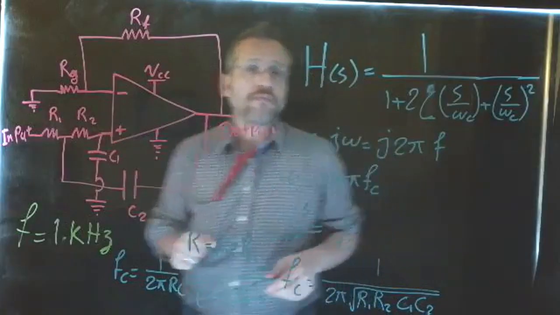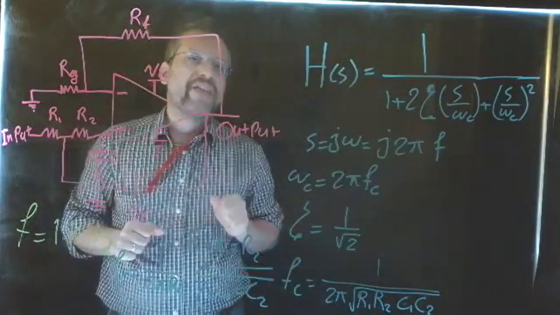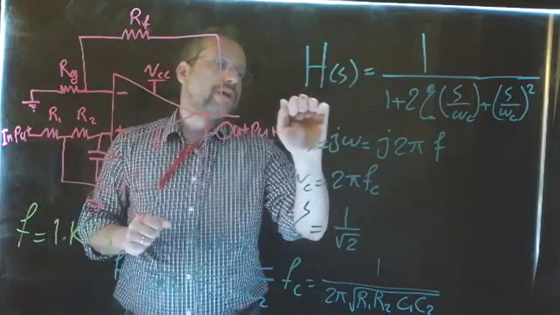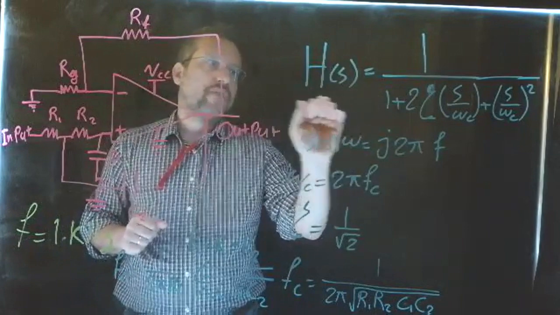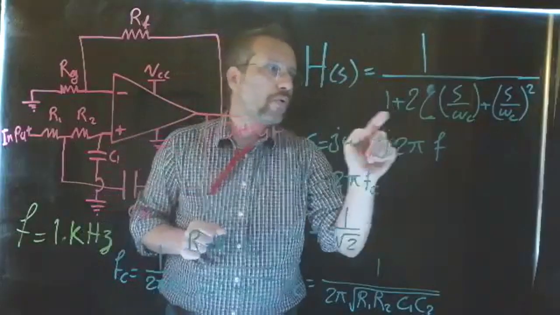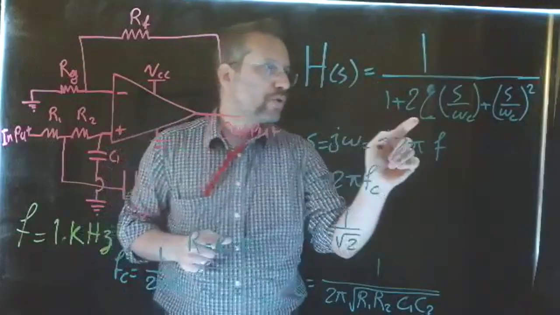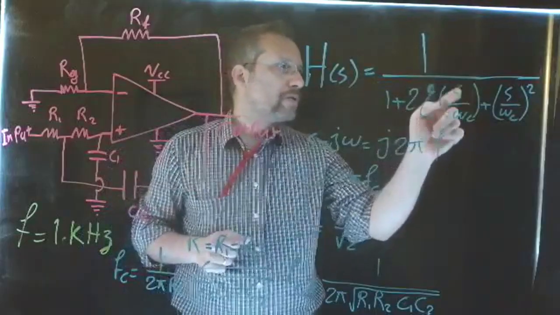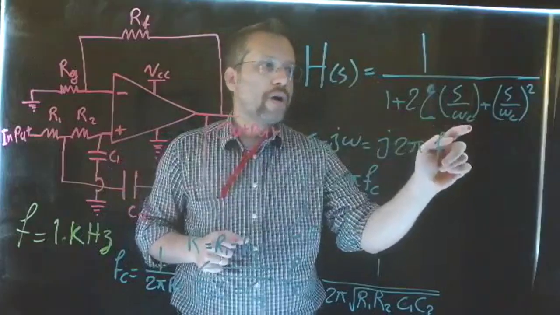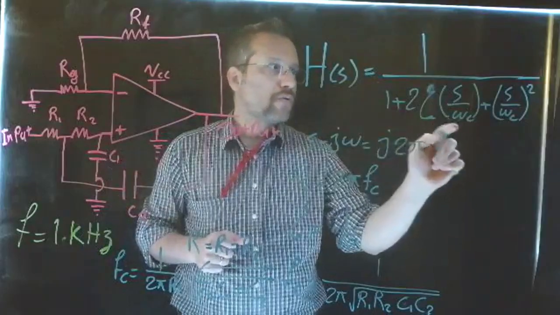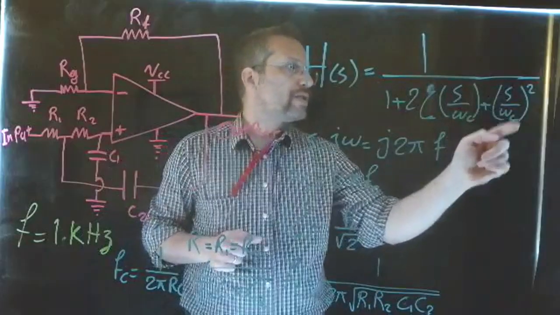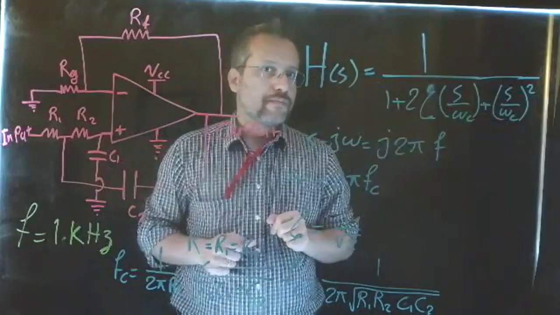Now, let's talk about the math behind it. The transfer function of a second order filter is going to be 1 over 1 plus 2ψ times s over ωc, where ωc is the cutoff angular frequency, plus (s over ωc) squared.